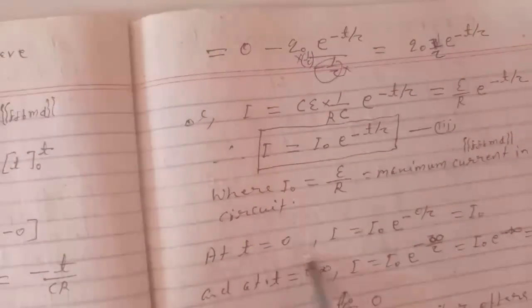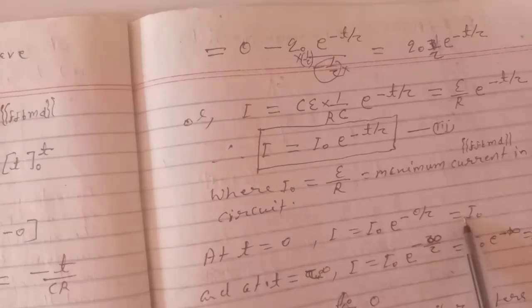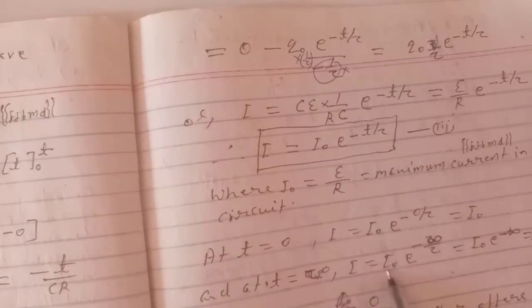At t equal to 0, I equal to I naught e to the power minus 0 by tau, equals I naught. That is, initially in the circuit there was a maximum current, and at t equal to infinity, I equals I naught e to the power minus infinity by tau, equals I naught by e to the power infinity, or I equals 0.